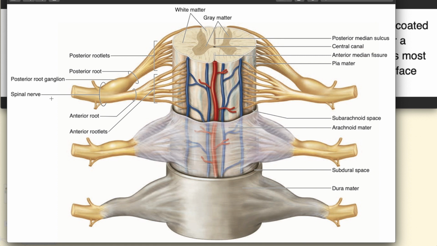If it is still intact, then generally the patient has a positive histamine test, and that would mean that the injury occurred above this root ganglion, also known as a preganglionic injury. Now if the test result came out negative, it means that the continuity of this area starting from the posterior root down to the branch is already disrupted, and that would mean that it is a postganglionic type of injury.